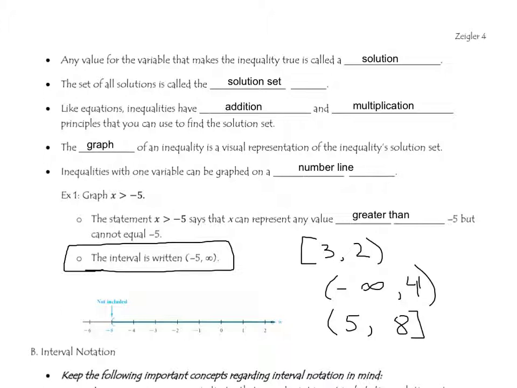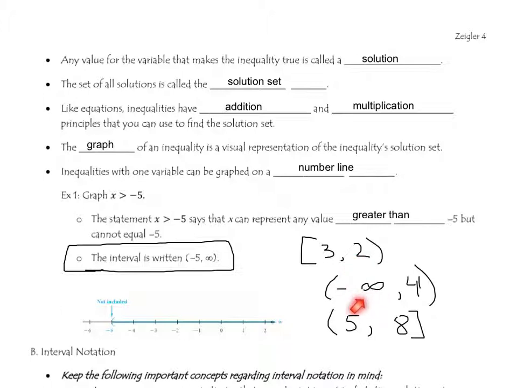The bracket means it can include the 3 here. So the 3 is part of the solution set. Then everything in between 3 and 2 is included in the solution set, and the parentheses means that the 2 is not included in the solution set.